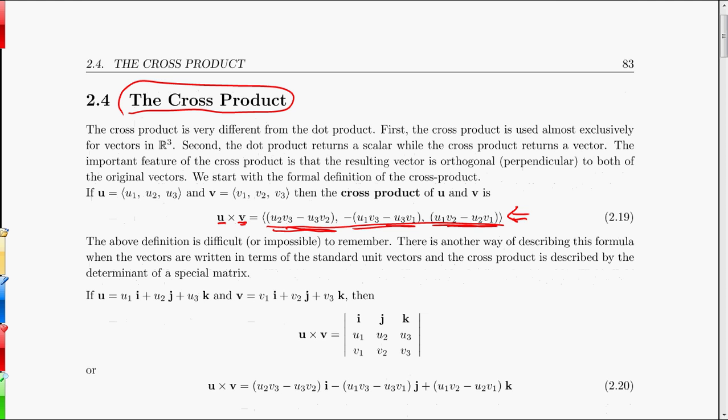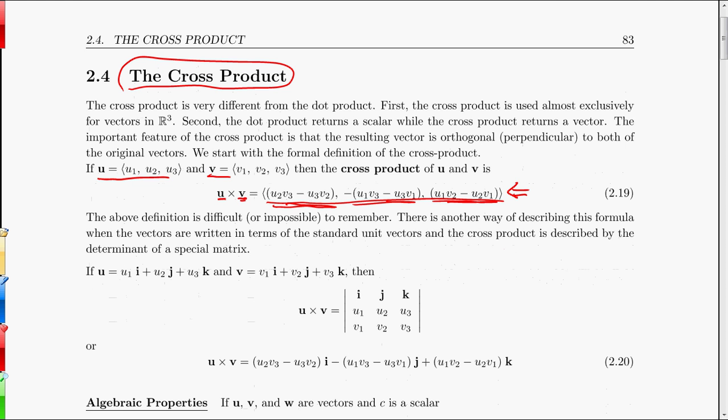So here's what you do. If you take your vectors u and v and you express them in terms of the standard unit vectors, and this isn't even totally necessary, but express them in terms of the unit vectors i, j, and k, and then create a matrix where the first row has the symbols for the standard unit vectors i, j, k, and then in the second row, you put in the elements from vector u, third row, elements from the vector v.